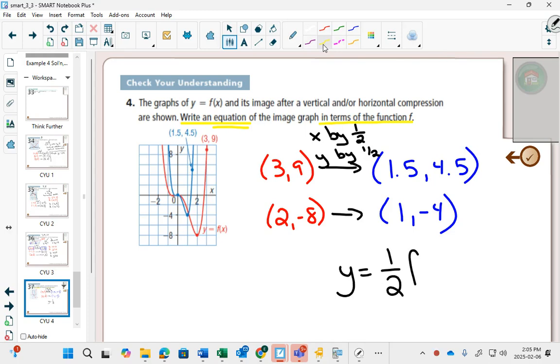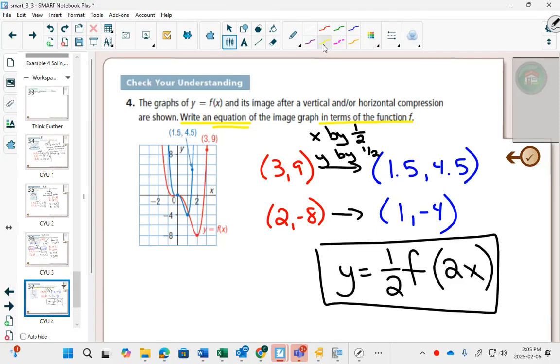In terms of f, because the original function was f, if I want x by 1/2, that has to be inside the function. What would be inside the function? 2, because x's are liars. So we're going to need a 2x in there. So this is the final answer. We've written the equation in terms of the function f.